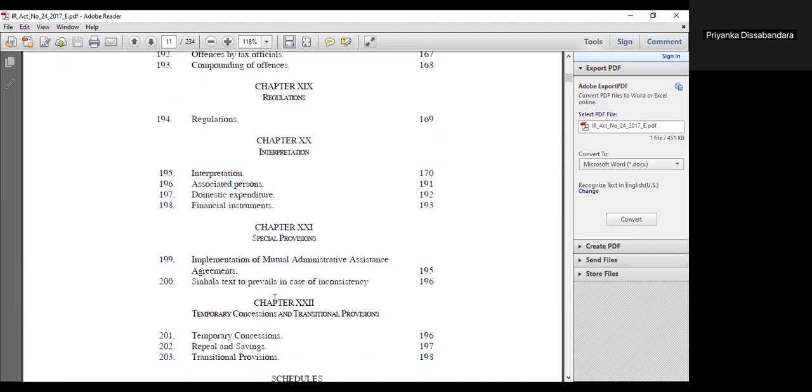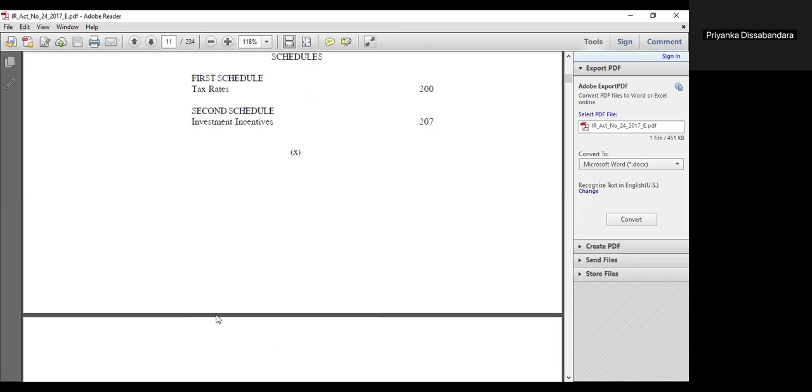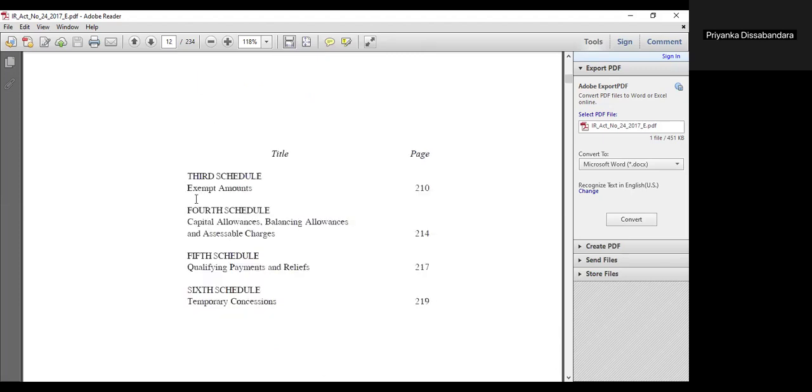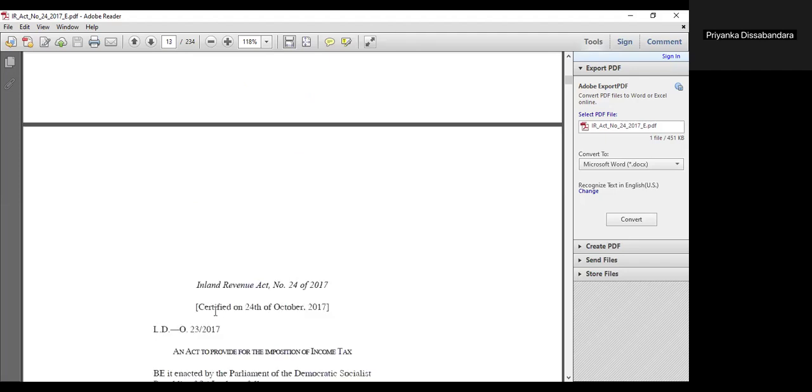These are the chapters. Then the interpretation section is section 195. Then schedules: the first schedule for tax rates, second schedule for investment incentives, third schedule for exempt amounts, fourth one for capital allowances, then fifth one for qualifying payments and reliefs, and sixth for temporary concessions.